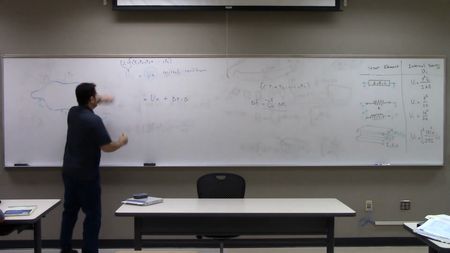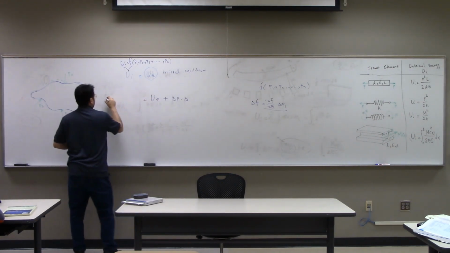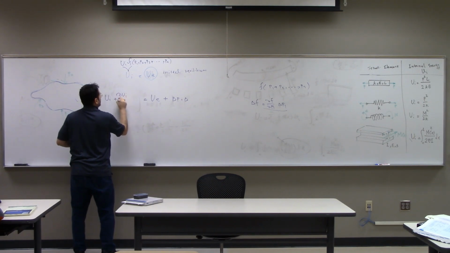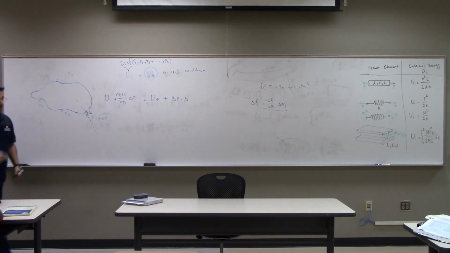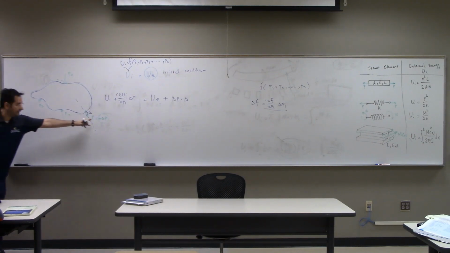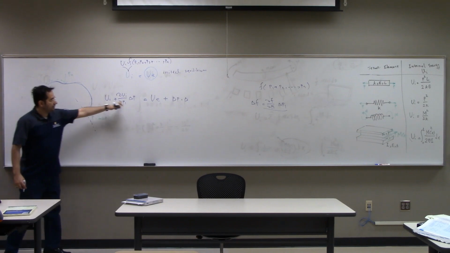It's going to be UI plus partial UI partial P1 times delta P1, which is delta P, the amount of extra force that you have at P1, right? So how can I simplify this equation?